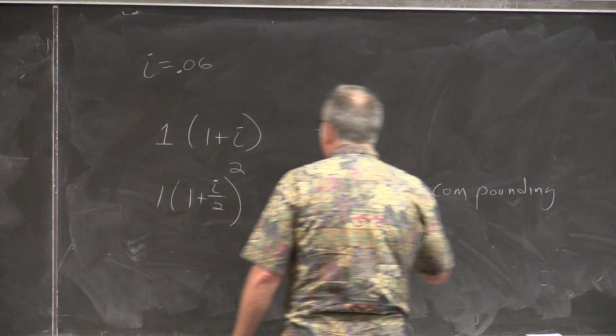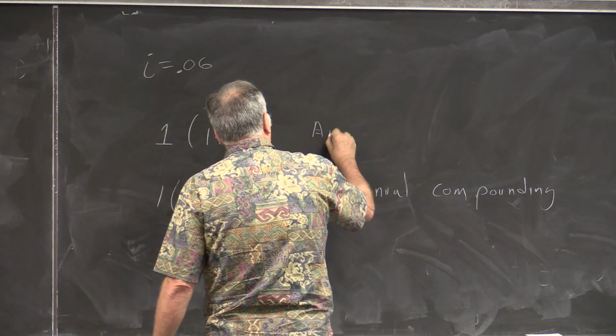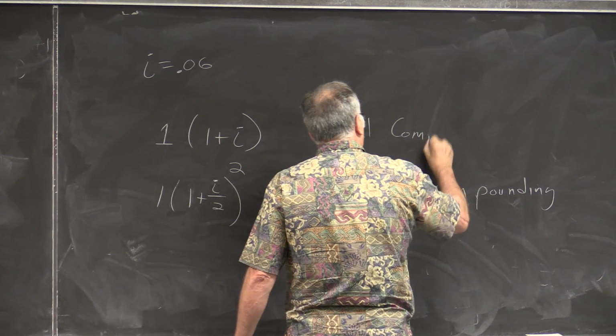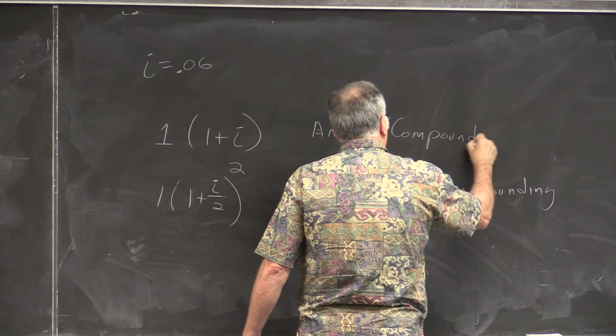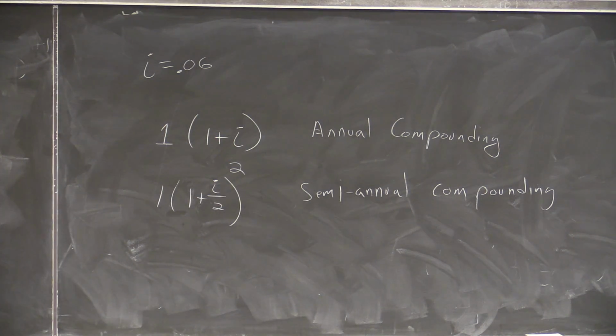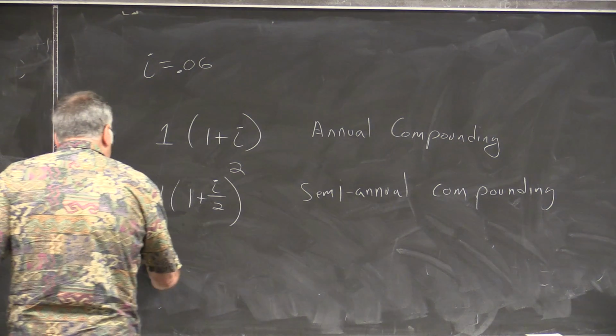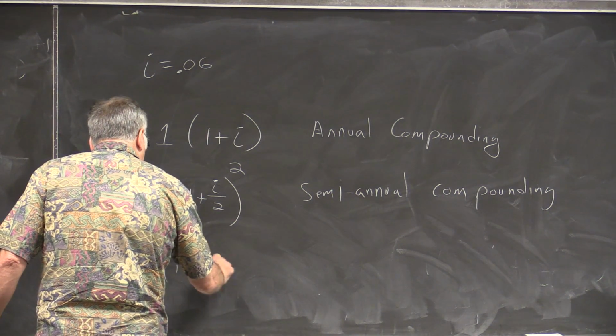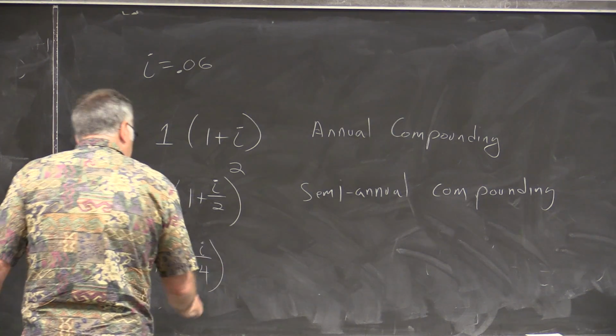This first one, let me just write in here, this is annual compounding. Well, imagine the bank compounds your money quarterly. If you have quarterly compounding, you'd have 1 times 1 plus I over 4 to the 4th power.